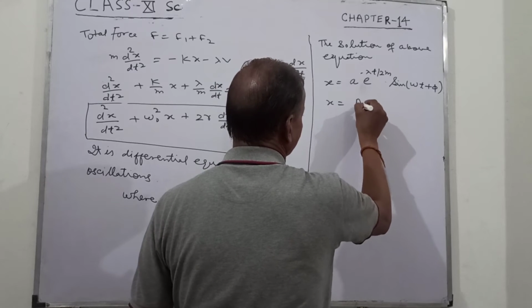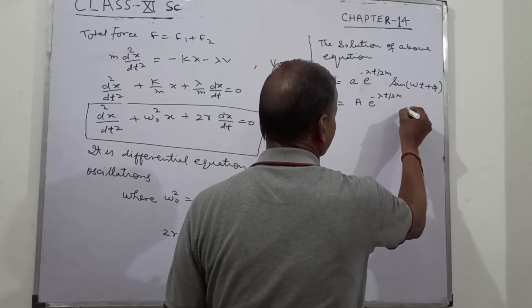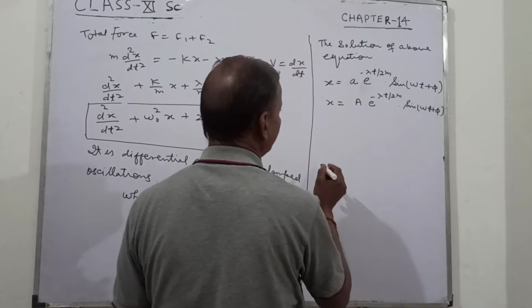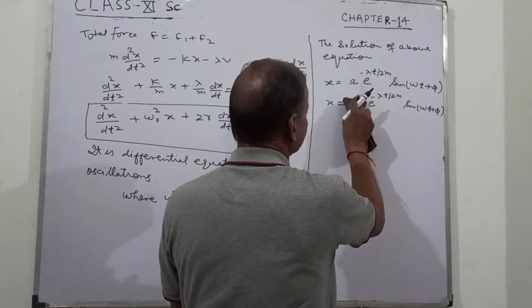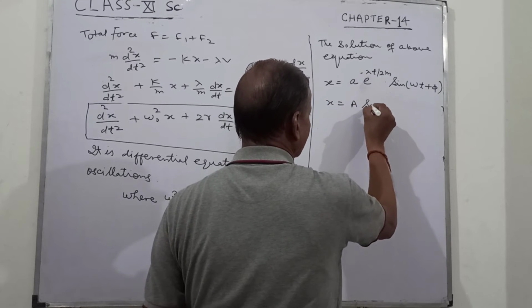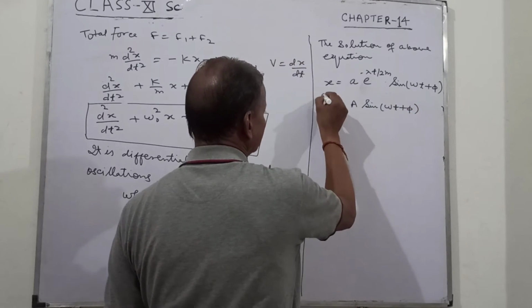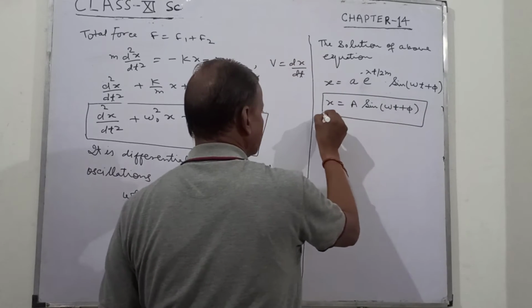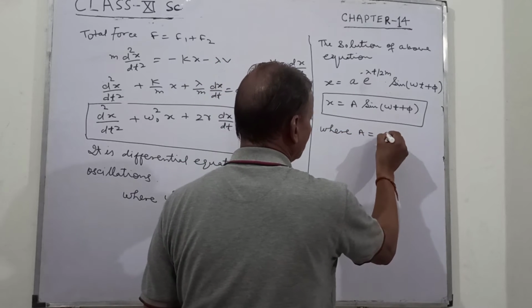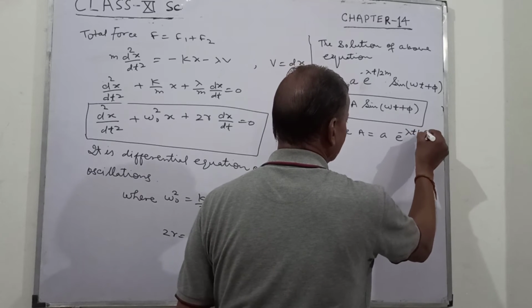So this is equal to a e to the power minus lambda t upon 2m into sin omega t plus phi. This is the solution of this equation, where A equal to a e to the power minus lambda t upon 2m.